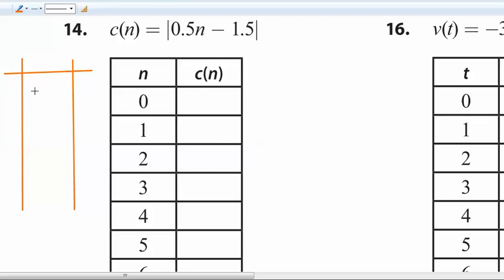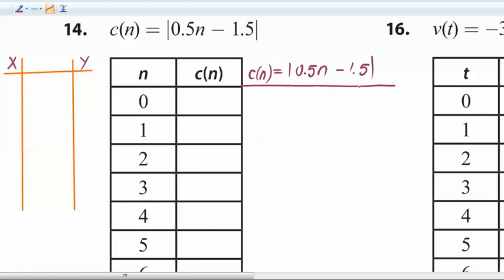Where you have your input, n in this case, and your output, C of n, or just C, or just Y if you talk about X and Y. So basically your input is going to be X and your output is going to be Y, right? So for this case, I know that C of n equals the absolute value of 0.5 n minus 1.5, everything in absolute value.